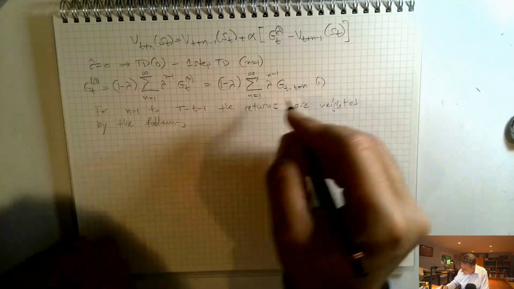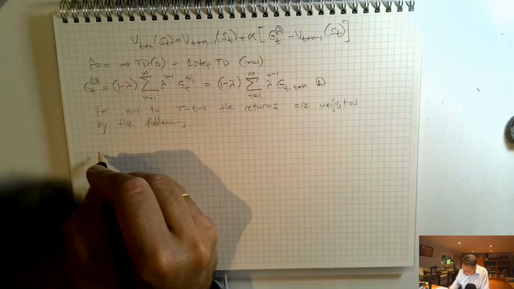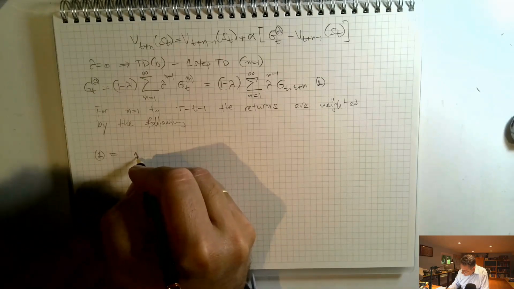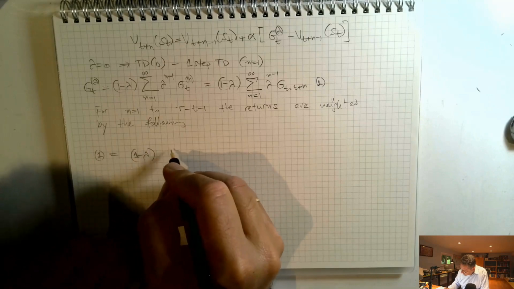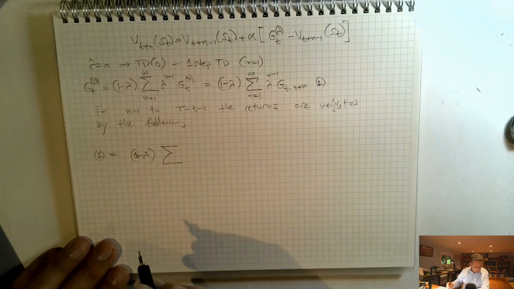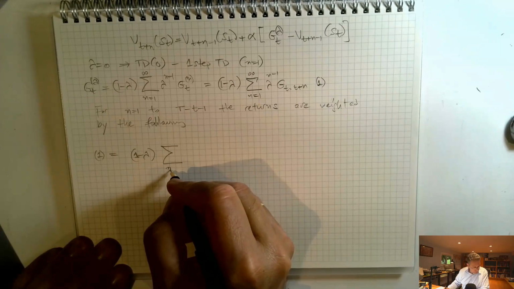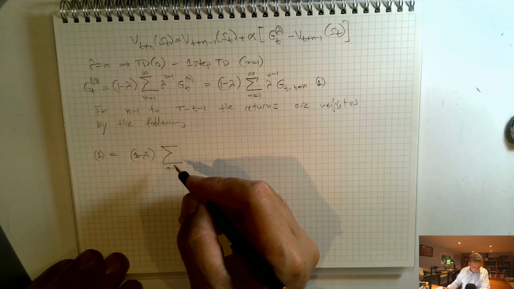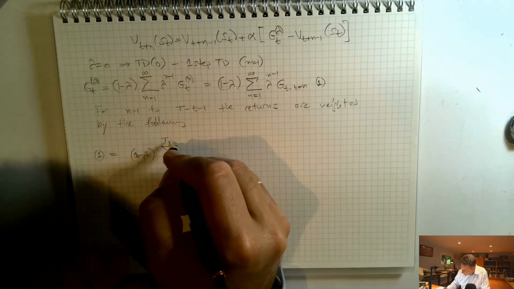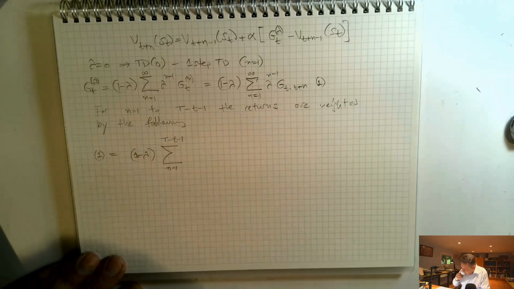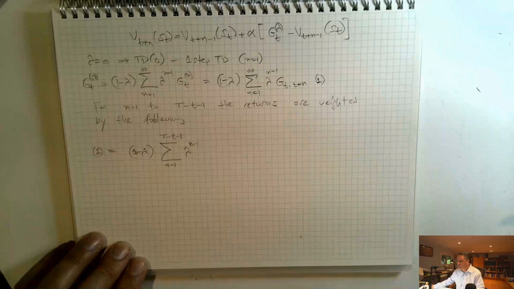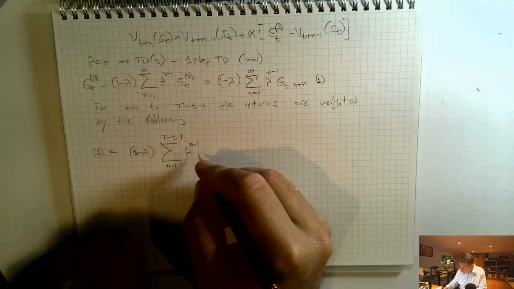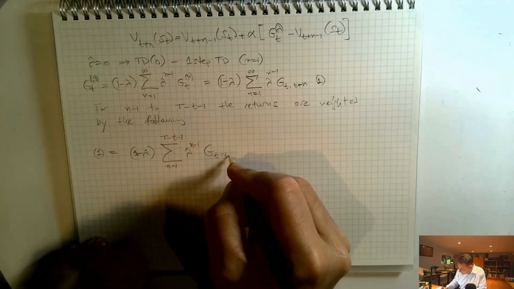So I'm going to take this and break it down into two parts. The first part is 1 minus lambda, summation from n equal to 1 to capital T minus 1, lambda to the power n minus 1, times G of t to t plus n.